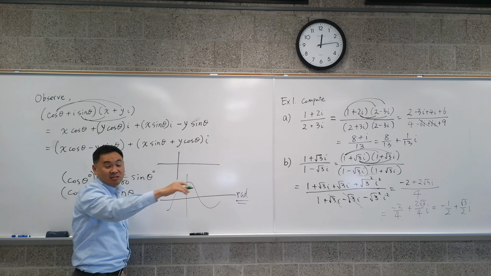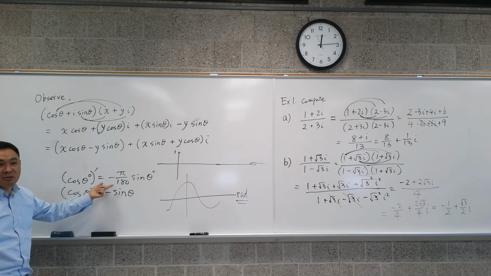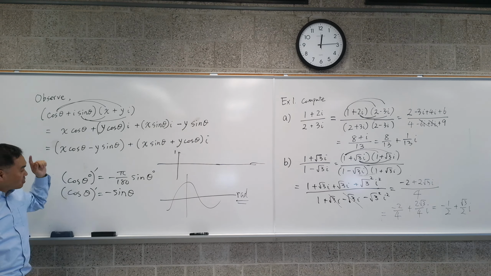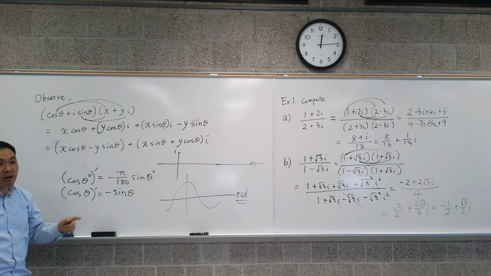Pi is about 3.14, divided by 180, that's like 1 out of 60. That's a very gentle slope. Why do you get that? Because if you use degrees, that's what you get. And that's really not nice, because any time you differentiate, you end up with all this. How are we going to handle this? That's why before learning calculus, in pre-calculus, you learned how to work with radians.